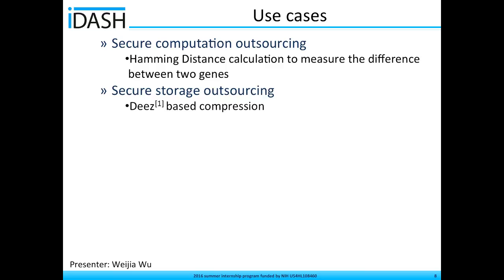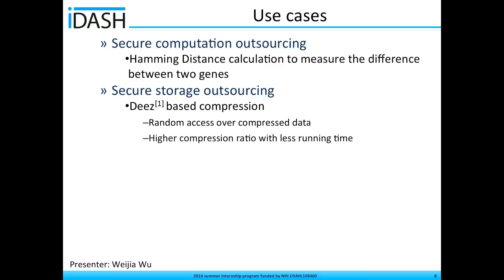Here, we adopt this algorithm to compress the data, because it can render access over compressed data. It is very essential in the data access of genomic data. Another advantage is that it has a higher compression ratio with less running time.